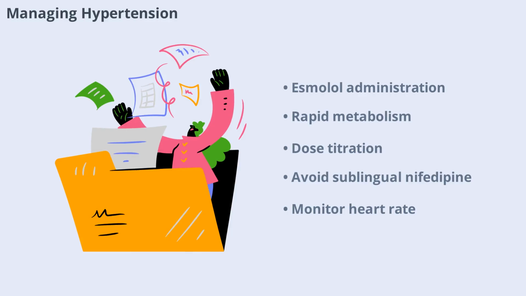Dose is titrated to repeated measurements of blood pressure and heart rate. Earlier practices like sublingual nifedipine are no longer recommended due to risks of myocardial infarction or stroke. Esmolol is also helpful in managing narrow complex tachycardia and supraventricular tachycardia. Proper monitoring and titration are essential for safe management.